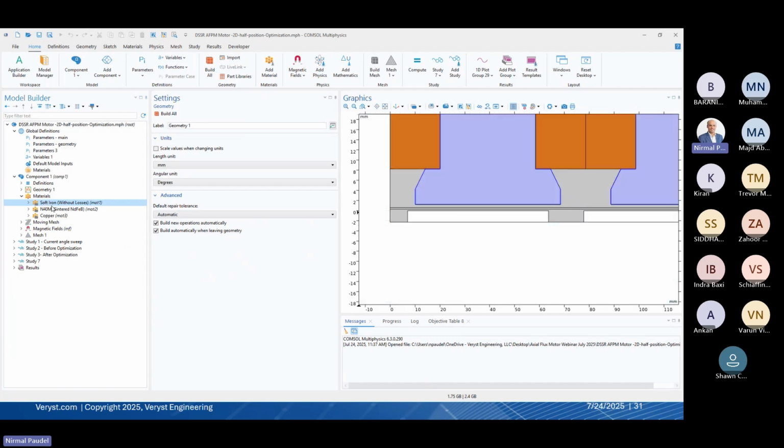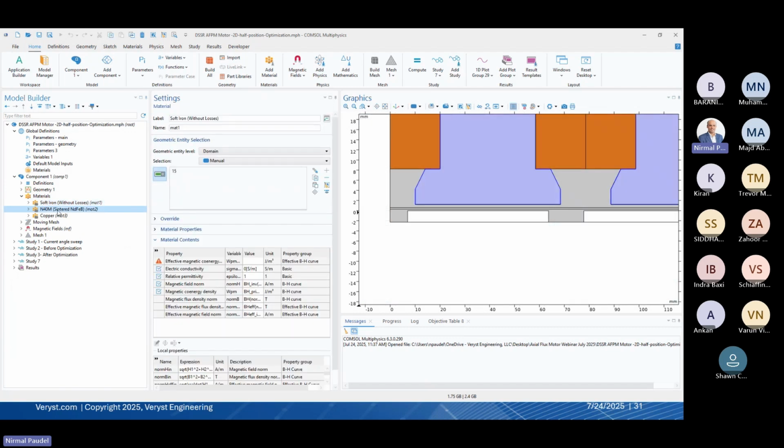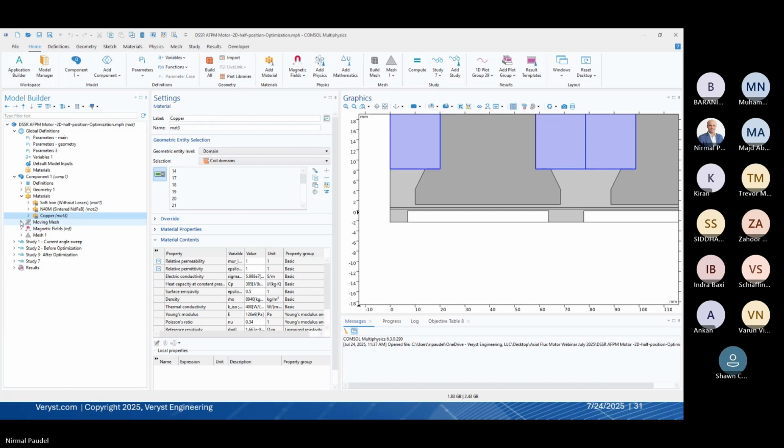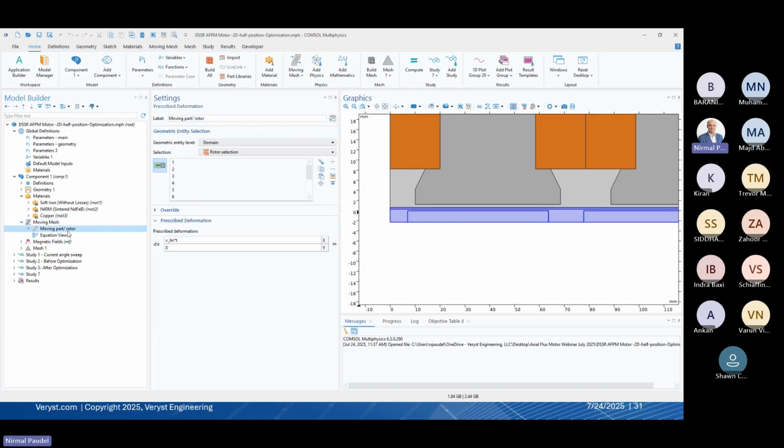We have the materials here: soft iron, a magnet, and copper for the winding. And we have a moving mesh, the moving body, where we're solving in the linear fashion, so we convert the rotational speed into linear and put it as a function of time here.